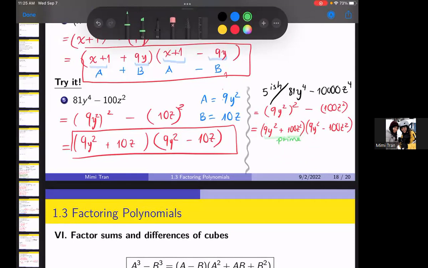What about this one? Back to red, so you can see. Is it prime? Can you do something more? Can you expand it even more? Yes, you can. Tell me what you can do.